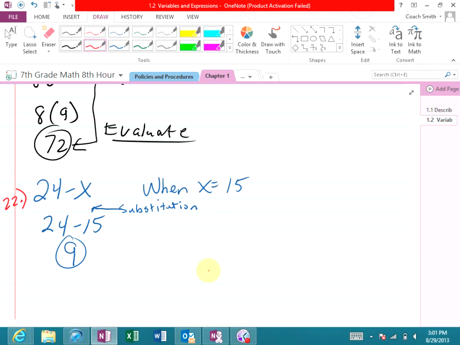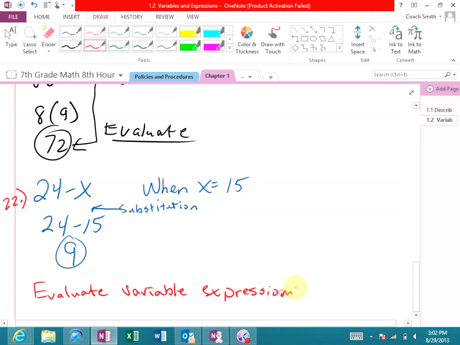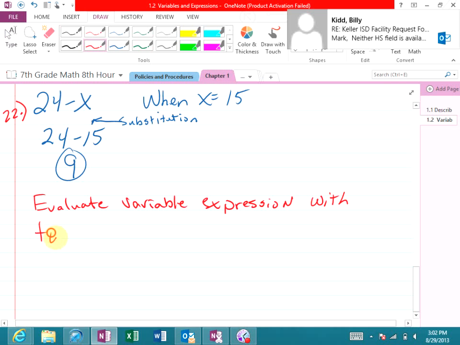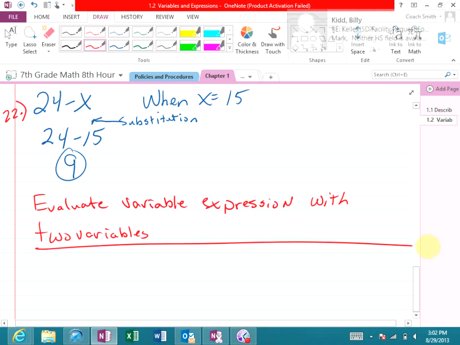For example, so we're going to evaluate variable expressions, not expression, with 2 variables. Okay, so for example, P minus M. Right?